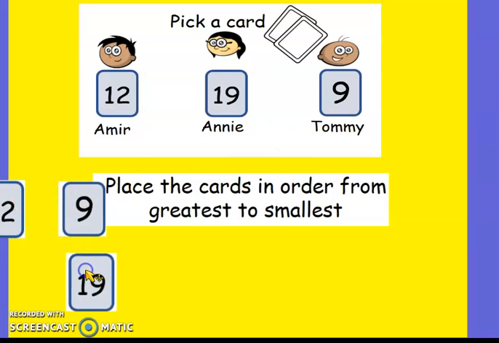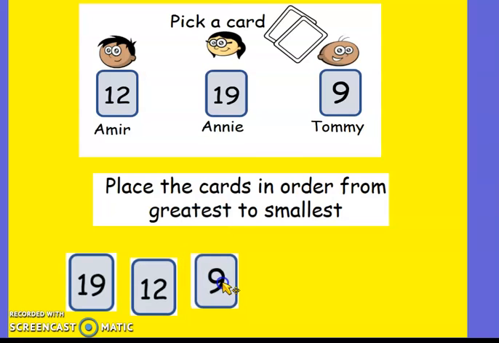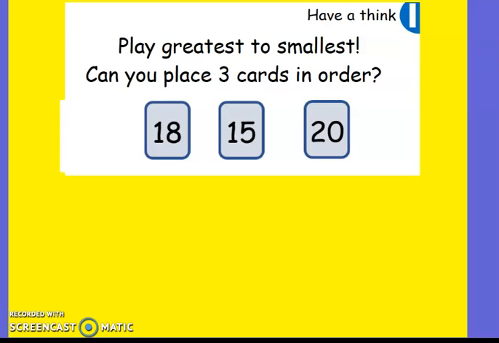So we want that one first. Which is the next biggest number, 12 or 9? 12 comes after 9, doesn't it? So it's the next biggest number, and then it's 9. So 19 is the biggest, 12 is the next biggest, 9 is the smallest number. There, so we place them in order from greatest to smallest.